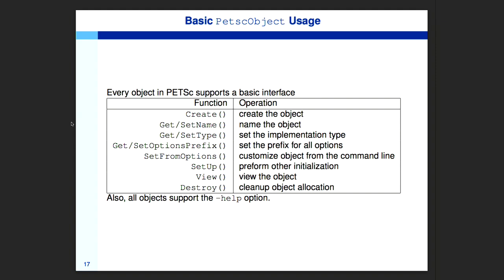You can provide customization from the command line, setting runtime choices, for example, for convergence parameters, whatnot. You initialize the object through the setup call. You can view the object to understand the details of what's happening inside it, and finally destroy it when you're done. So all of the objects support this basic set of functionality, and they all support the help option.